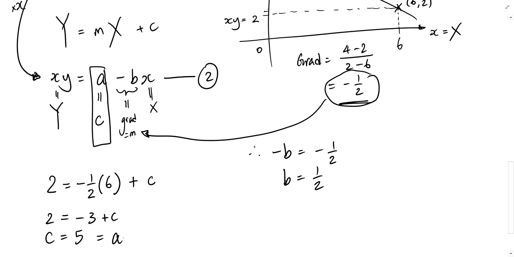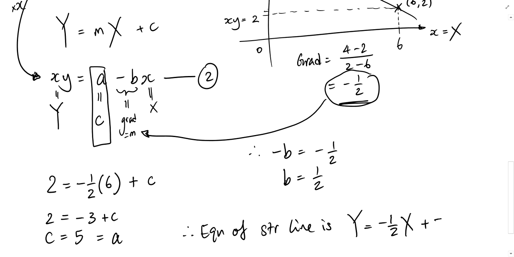From this we know that the equation of straight line is big Y equals to negative half x plus 5. Okay? Yes. Any questions? Then next.